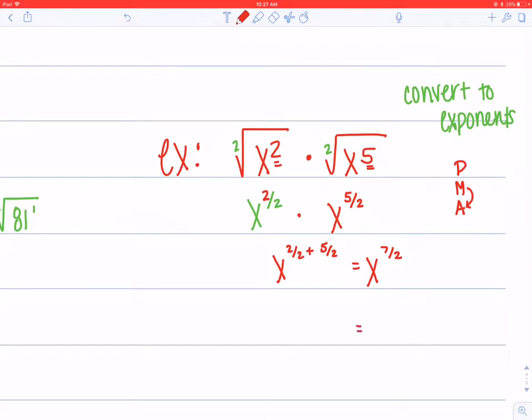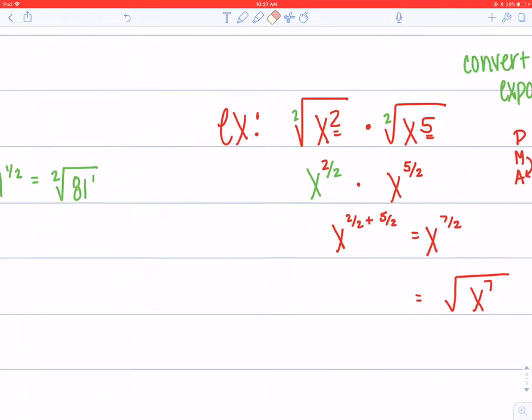Or you could convert it back to a radical, but I don't need to write the 2, so it would be the square root of x to the 7th. I would accept either one of those answers.